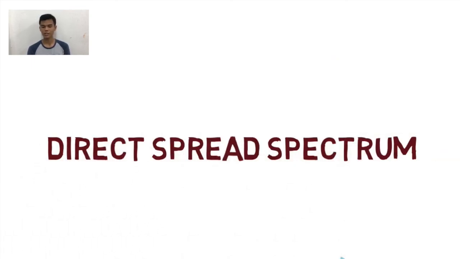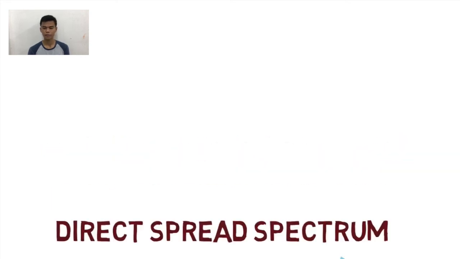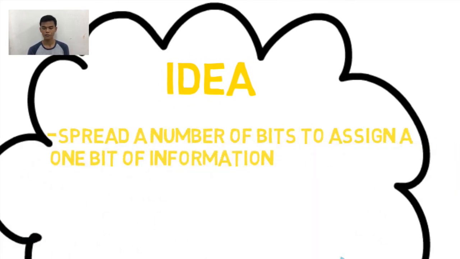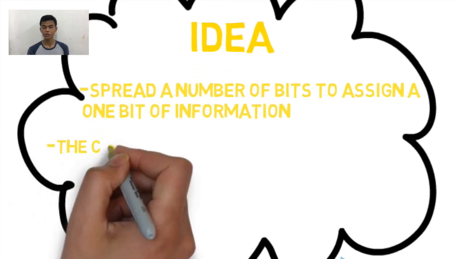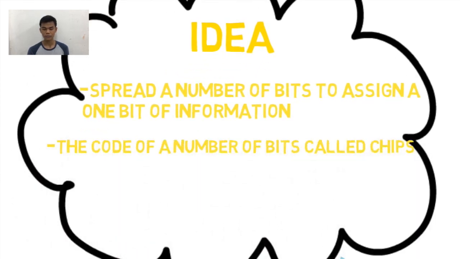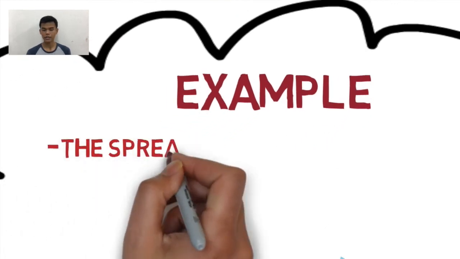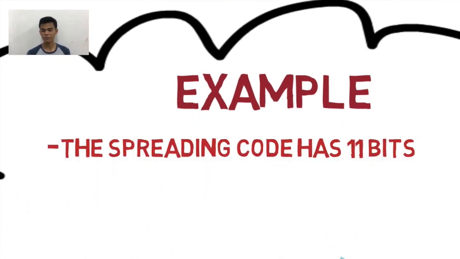Direct sequence spread spectrum will expand the bandwidth the same as FHSS but in a different way. The idea of DSSS is spreading a number of bits to be assigned to one bit of information. The bits of the code are called chips. For example, to make understanding better, let's say the spreading code has 11 bits.